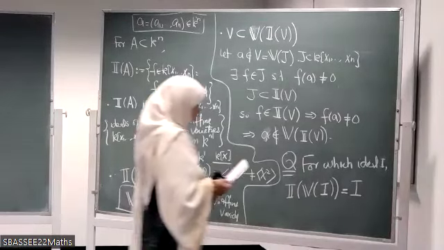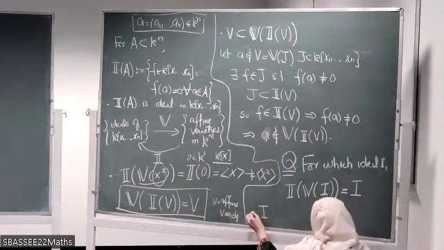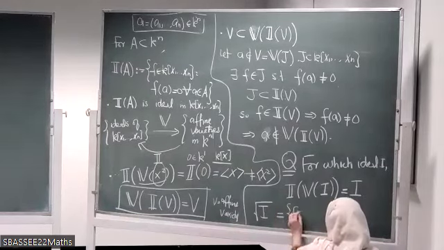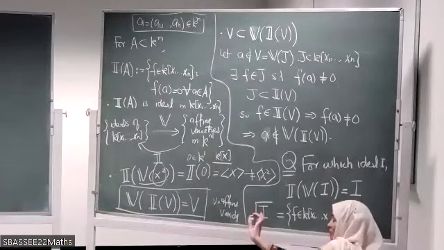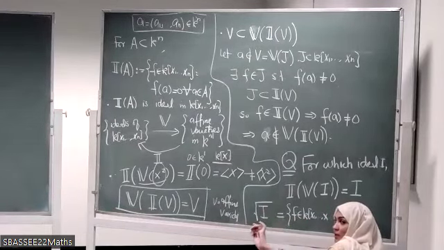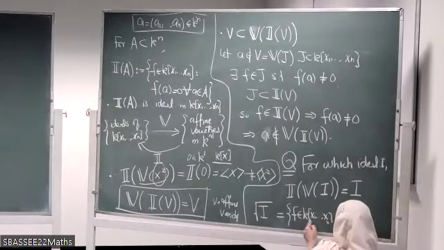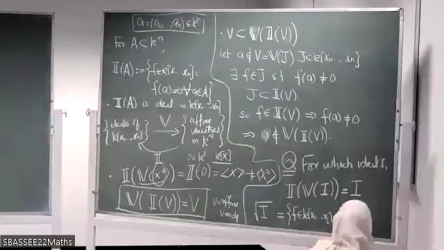Let me recall that definition, because it comes from commutative algebra. If you have any ideal, then we define the radical of the ideal as all those polynomials f such that some power of f belongs to I, for some n.